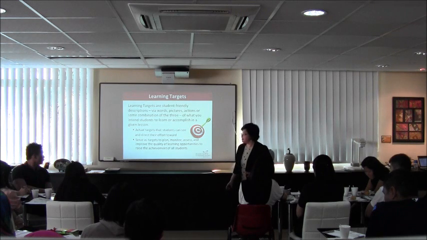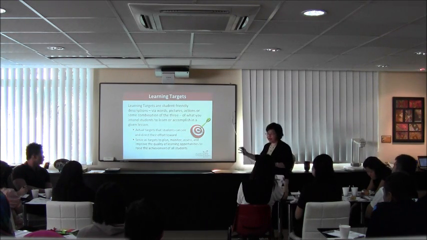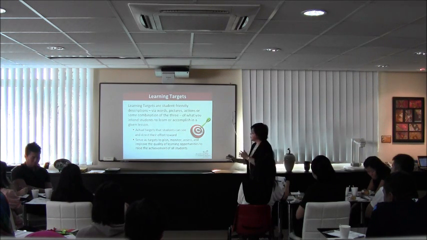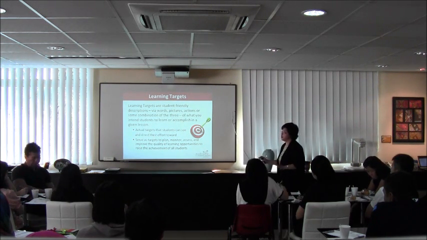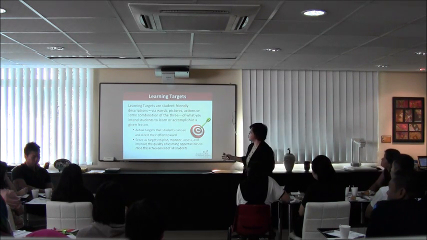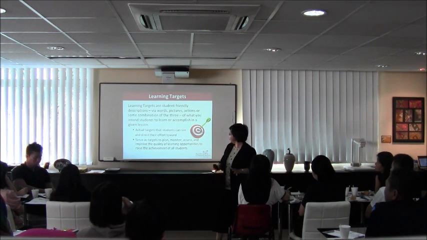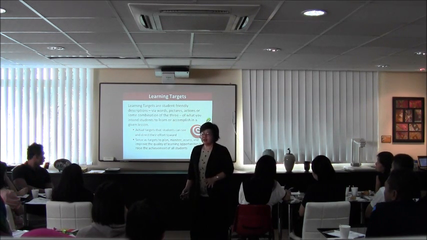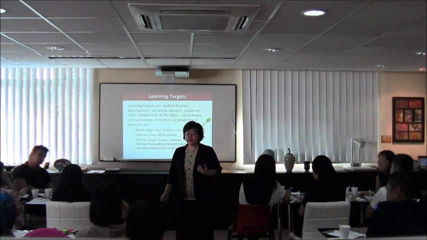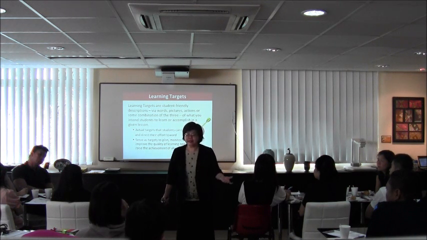So, with this, let me give you a rough idea of what learning targets are. Learning targets are basically a description of students' learning, in words, pictures, actions, or some combination of them, of what you intend students to learn or accomplish in a given lesson. Let me give you an example. Let us say P2. You want your children to be able to use a model to illustrate a number sentence.